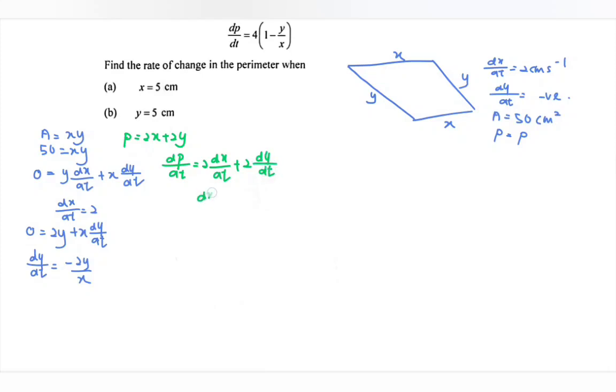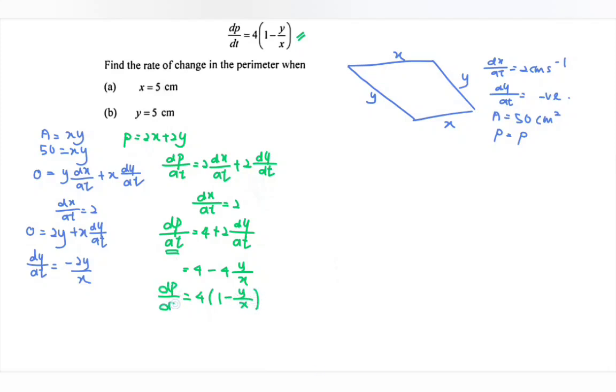Make use of dx/dt equals 2, so dP/dt equals 4 plus 2 dy/dt. Referring to the question, we want to show dP/dt. Next, we substitute dy/dt, so we have 4 minus 4y over x. Factor out the 4, so we have 4 times (1 minus y over x). So we have already shown the result given in the question.